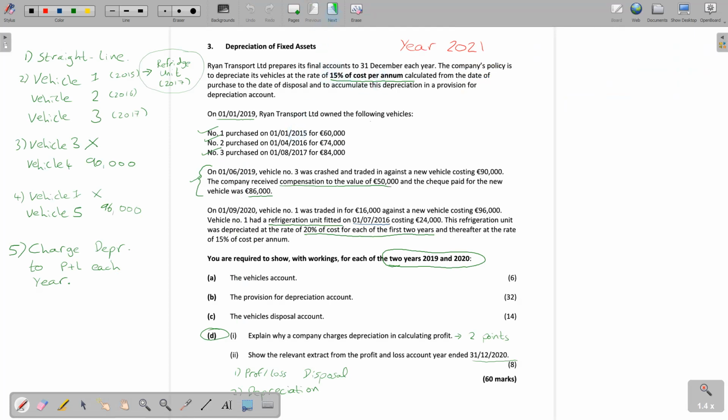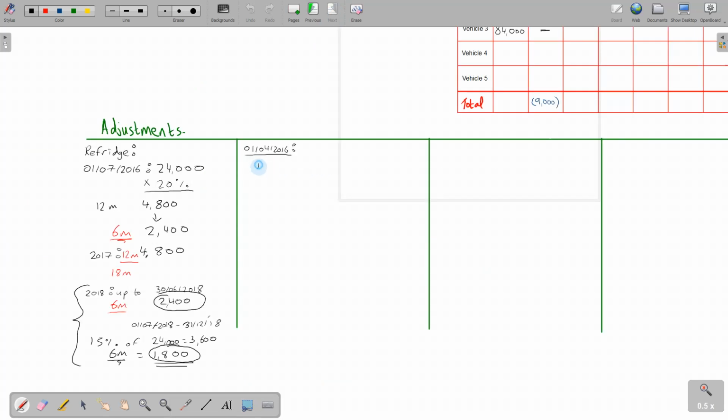So 15% of 74,000, which again is 12 months depreciation. So that's 11,100. So we only have, so January, February, March.